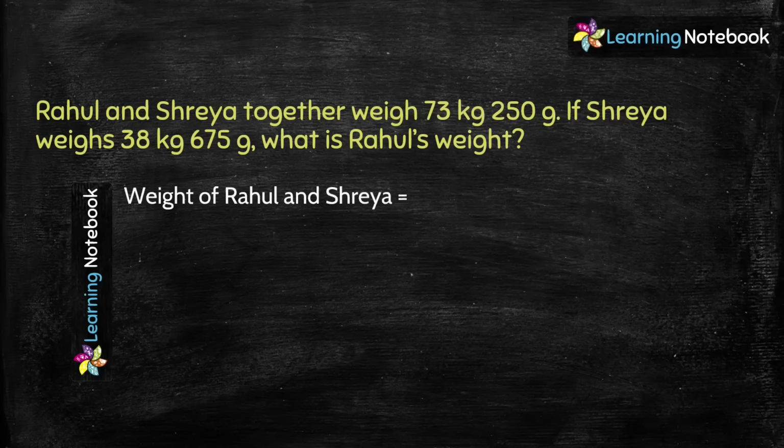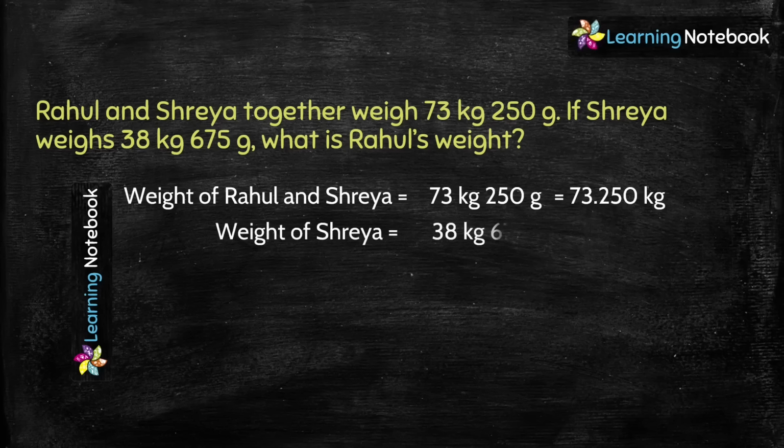Let's write the statements. Weight of Rahul and Shreya is given as 73 kilogram 250 gram, which is equal to 73.250 kilogram.